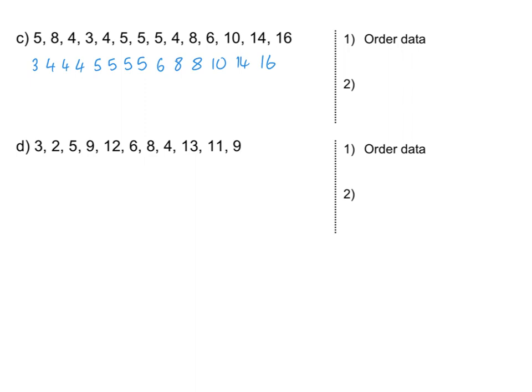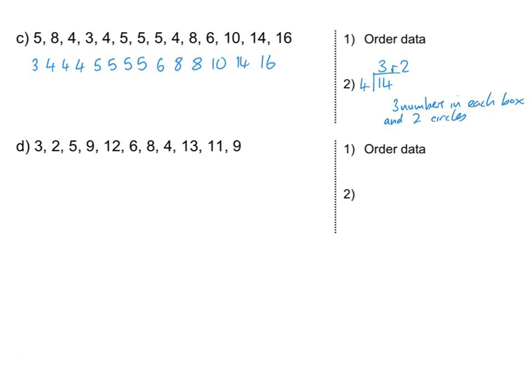Now, because I have 14 pieces of data, I'm going to take that 14. And remembering with quartiles, we're trying to split the data into 4 equal sections. So we're going to divide that by 4, which is going to give us 3 remainder 2, which means I'm going to have 3 numbers in each box and 2 circles left over.